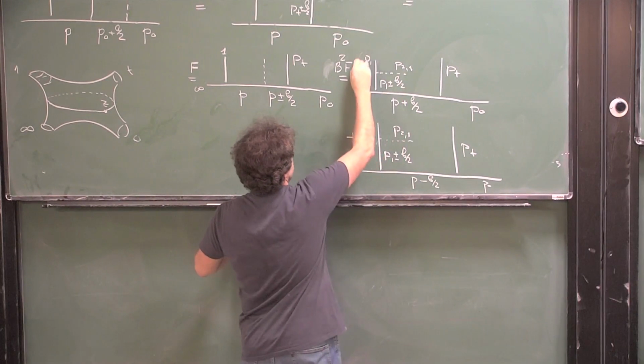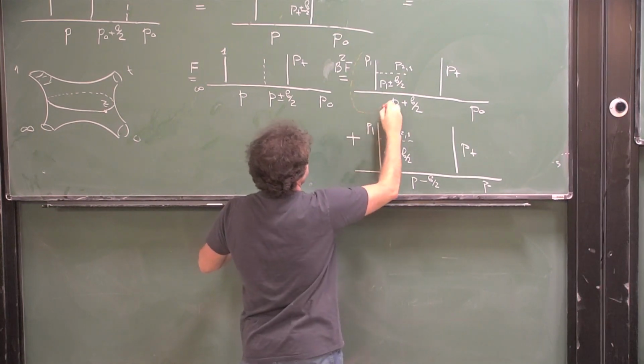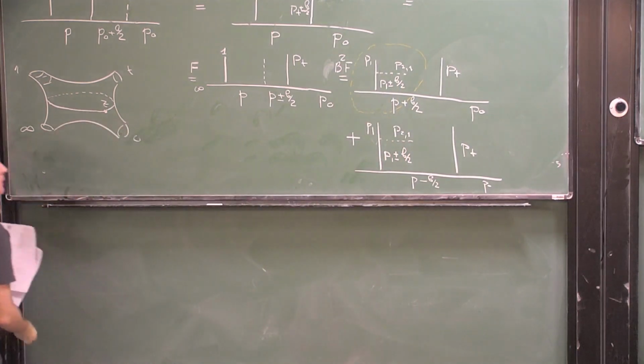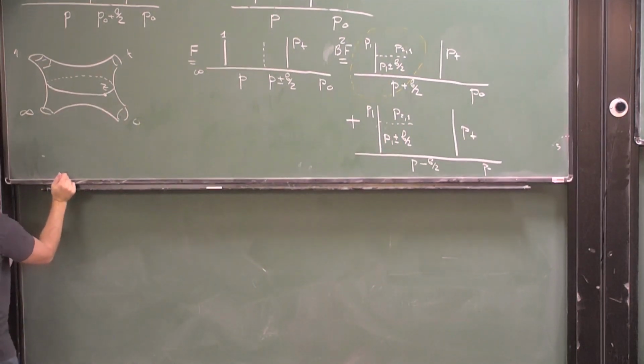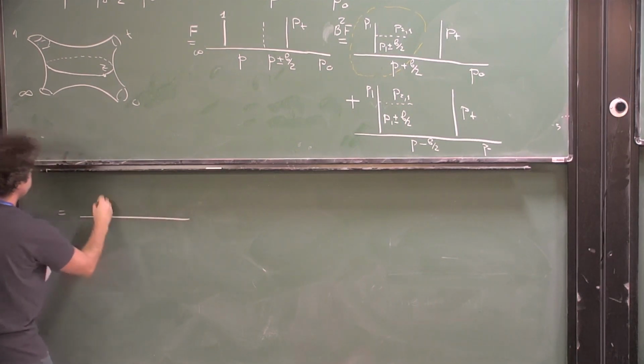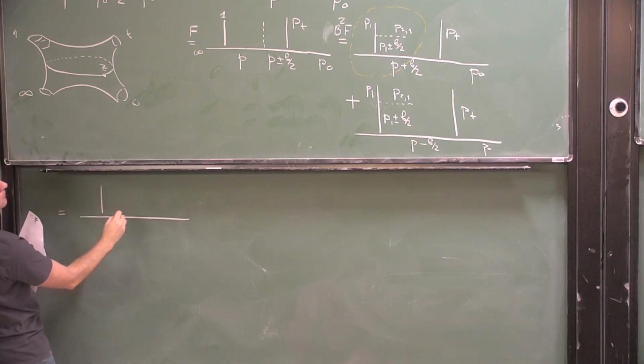So, for example, if you cut this part of this diagram, this is going to transform into what?